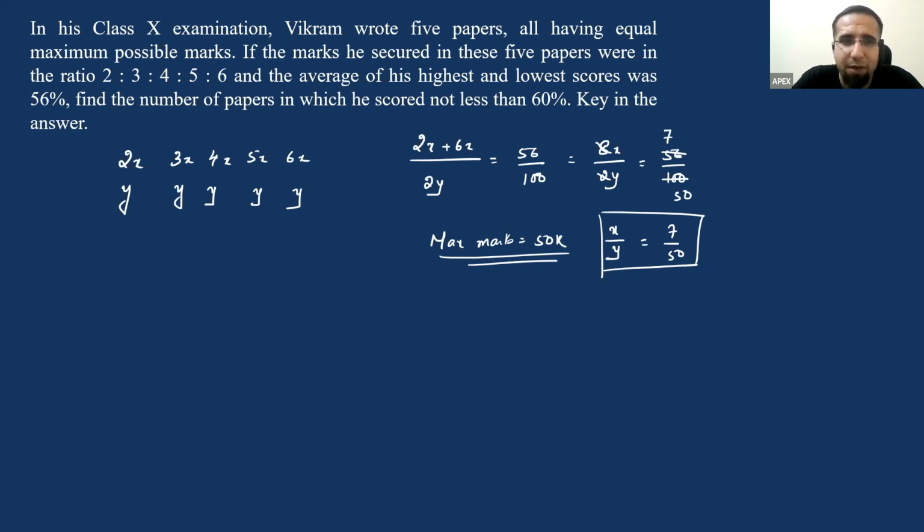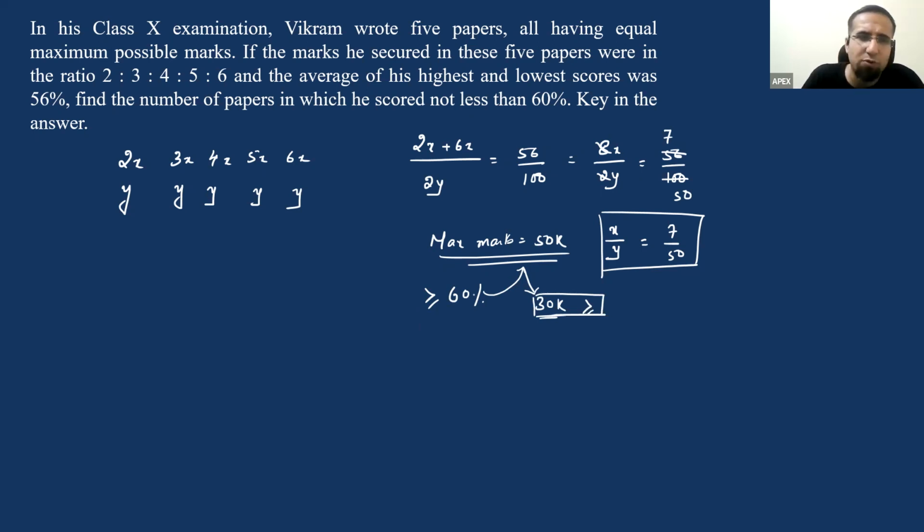Now the question says find the number of papers in which he scored not less than 60%. So the marks should be greater than or equal to 60%. Now 60% of 50k should give me how much, guys? That means the marks that he scored should be greater than or equal to 30k. Clear?